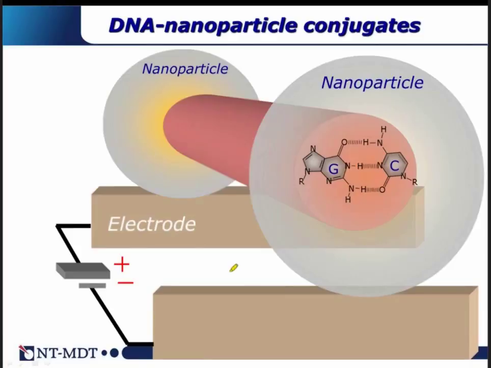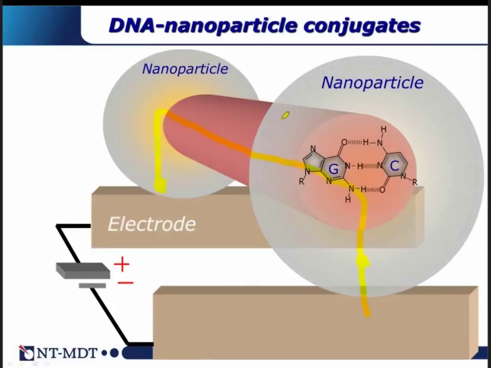In order to surmount the problem, we decided to use gold and silver nanoparticles, which you can see here. These are ball-shaped structures made of metal atoms, gold or silver. So in this schematic presentation, gold and silver particles are metals. There is no problem for electrons to go from the electrode to this particle, and from the particle to the DNA, which is connected directly to the particle, all the way through this DNA bridge down to the electrode through the other particle.